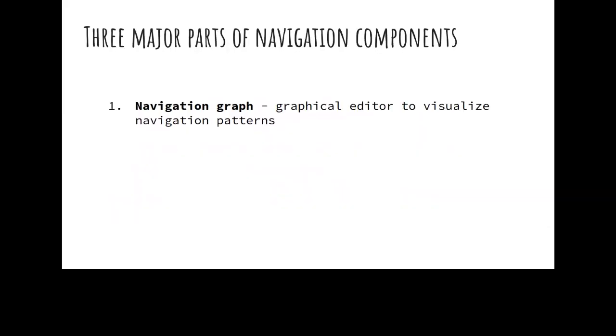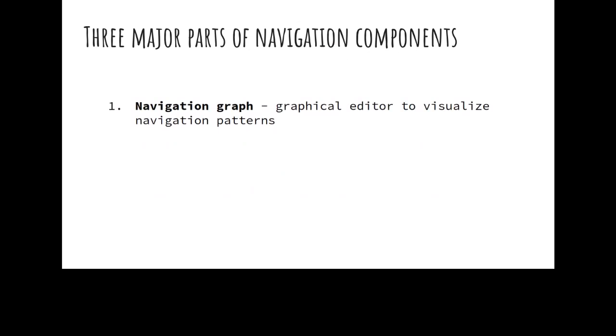Okay. So in navigation components, you have three major parts. These are the three things that really revolve around navigation components. One of them is the navigation graph. The navigation graph is similar to, I'm sure most of us have come across the layout editor, so it's quite similar to that, but it's called the navigation editor.